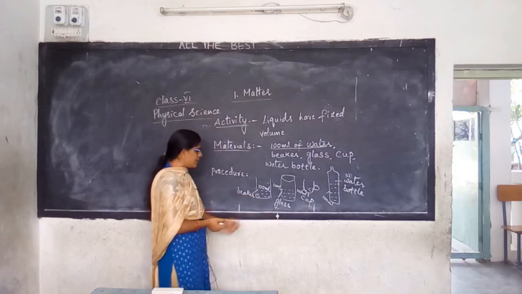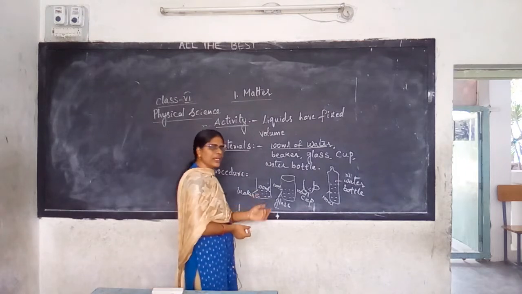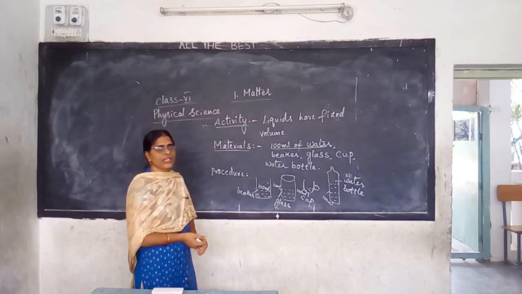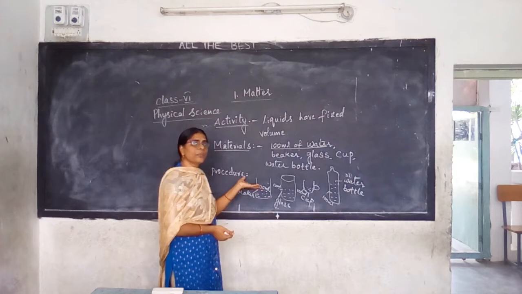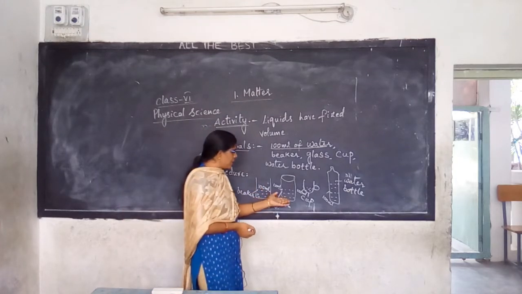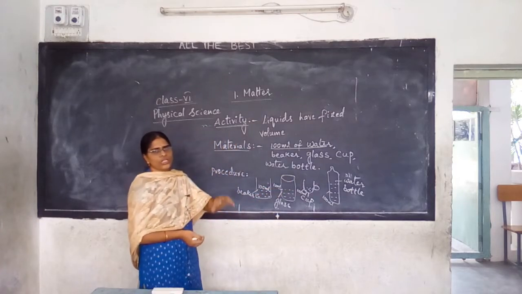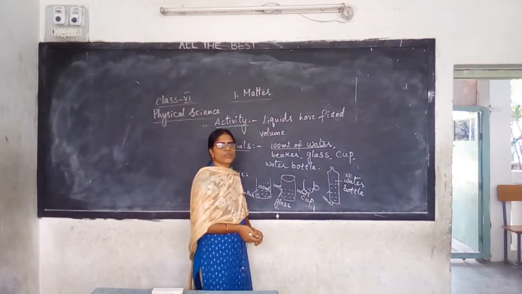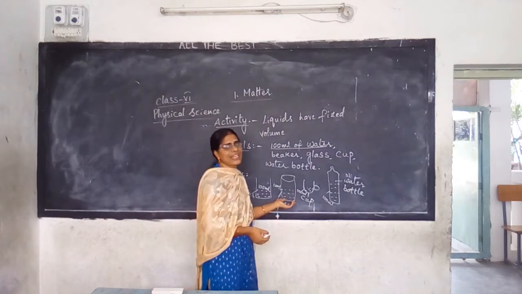But when you look at the shape, when I have poured it in a beaker, how does it look? The liquid will look similar to the beaker shape. When I pour the water in the glass, the shape will be similar to the glass.